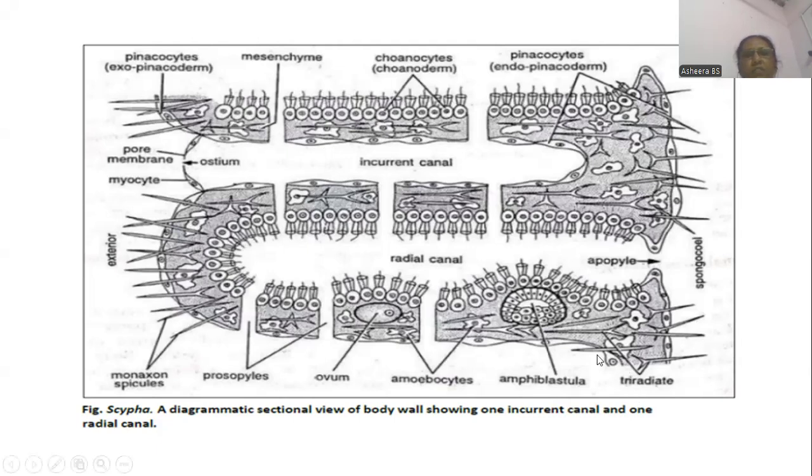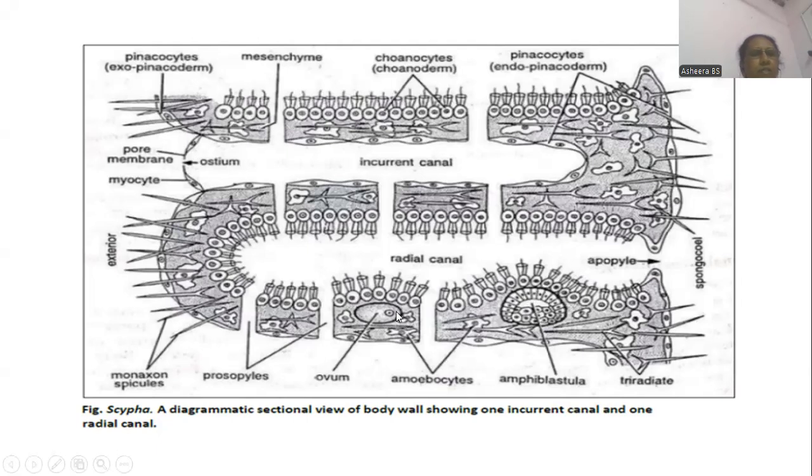These are all monoaxon spicules. Like this you'll find the mesoglea, and you can see even one small larva, the amphiblastula larva, found in the mesoglea.